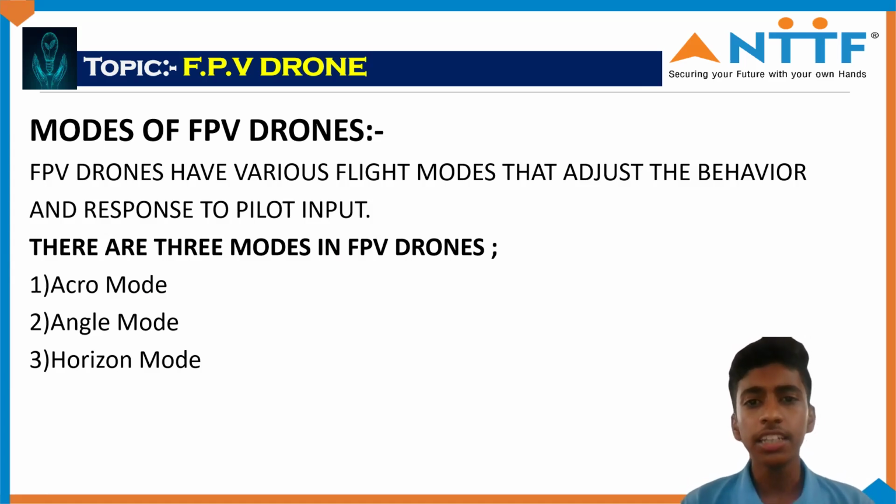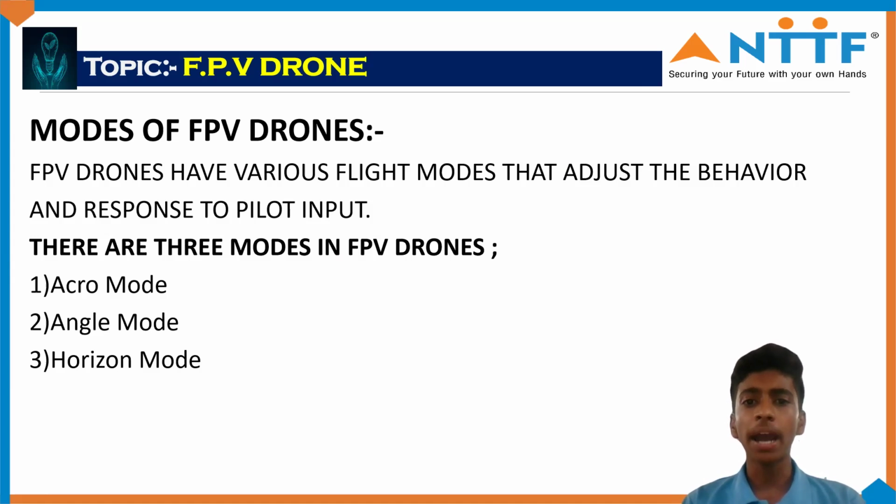Also, basically, in an FPV drone, we wear a kind of headset which is known as a VR headset, which means virtual reality. So, through the controller, the camera and the gimbal of the FPV drone are connected to the VR, and through a technology of AI, the VR is connected to the drone camera.